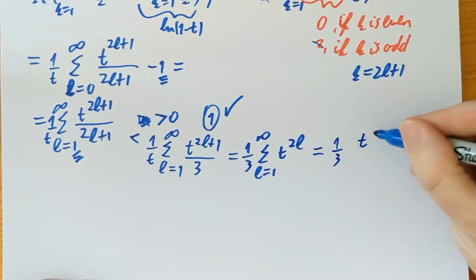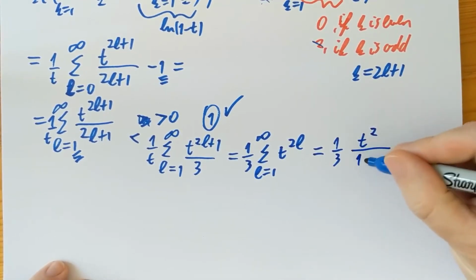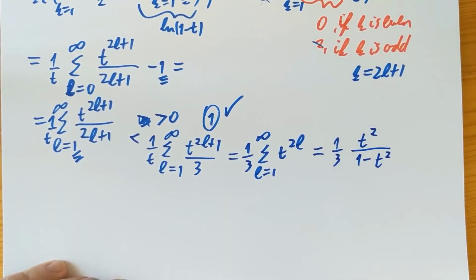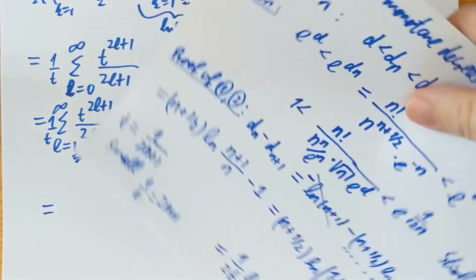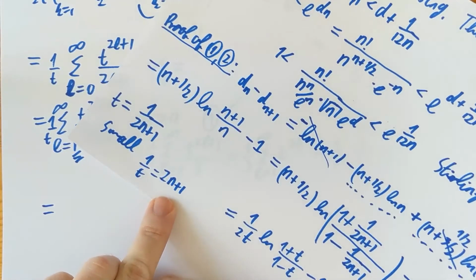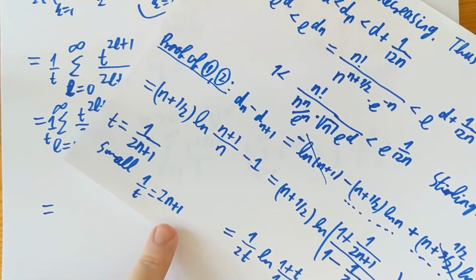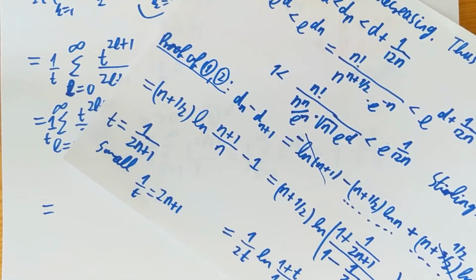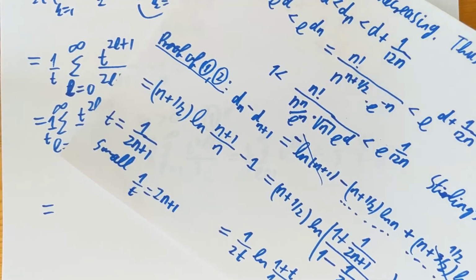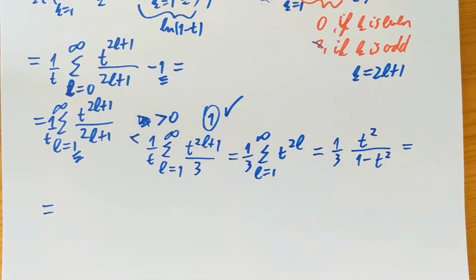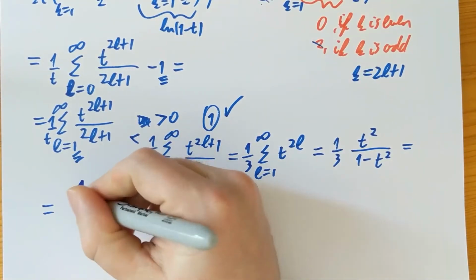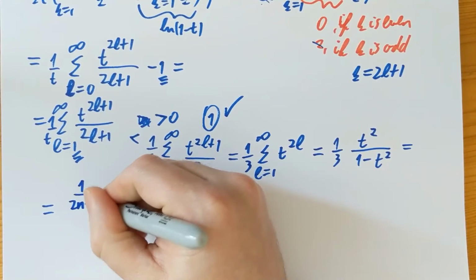The first term is t to the square, and the common ratio is t to the square, which now I can write back from my previous substitution. My previous substitution was that the reciprocal of t is 2n plus 1, or t is 1 over 2n plus 1. So I'm going to plug this back in. t square is 1 over 2n plus 1 squared.